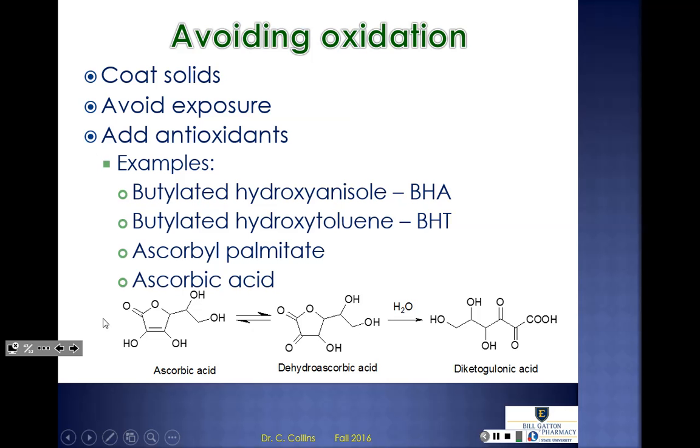So if you look at something and go, why would they put vitamin E in here? So they can charge more, may or may not be the case. What these do is they react with the oxygen more efficiently and faster than the drug will. So it traps the oxygen; it purposefully reacts with it. Ascorbic acid you'll see a lot. Vitamin C.